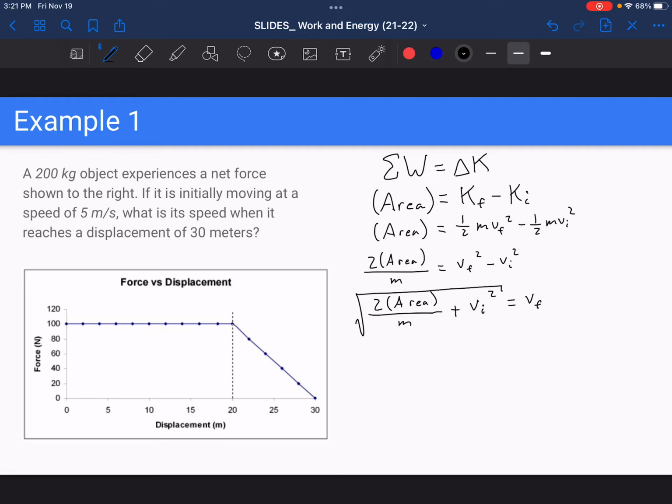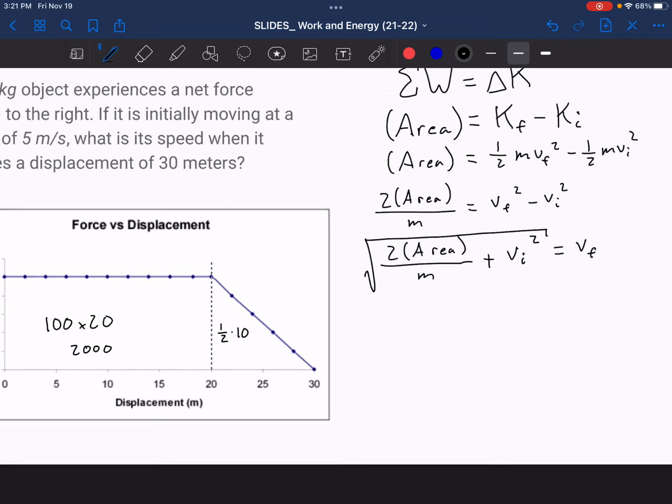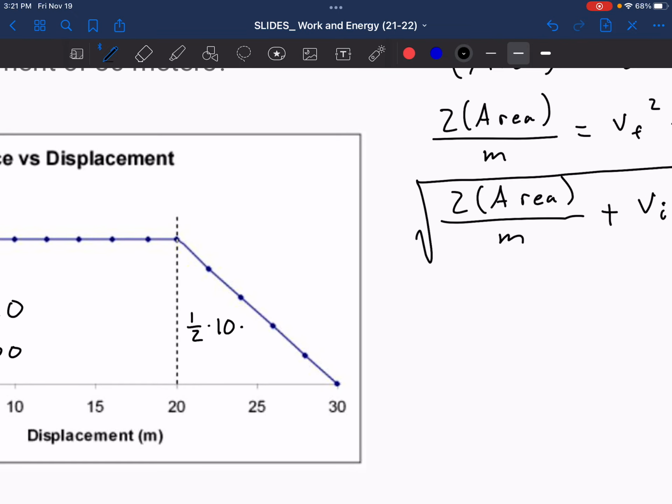All right, so let's go ahead and work it out. If we want to find the area of this thing, we have a box and a triangle. For the box, we could do 100 times 20, which would give us 2,000. And for the triangle, we have 1/2 base times height. So that's 1/2, the base is 10, and the height is 100.